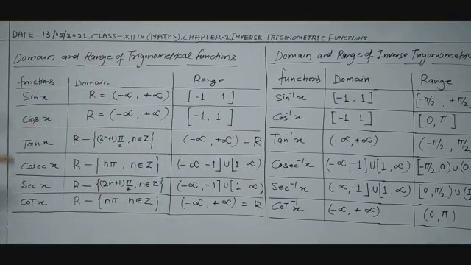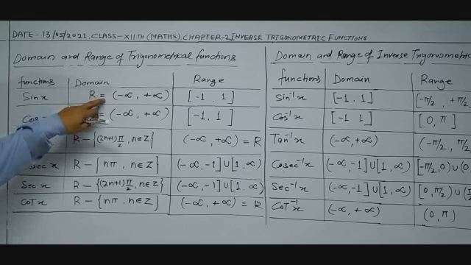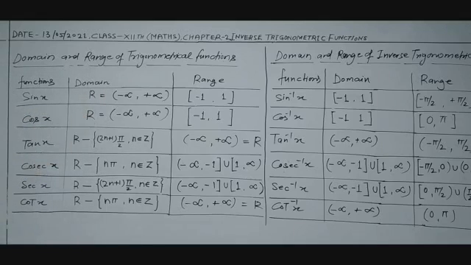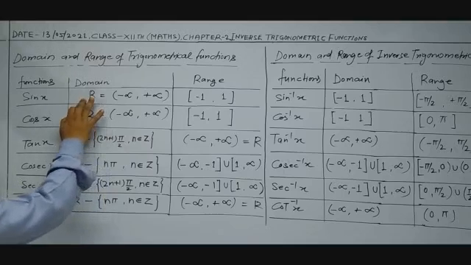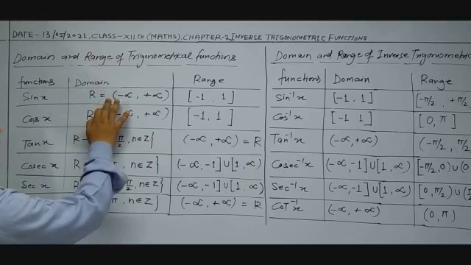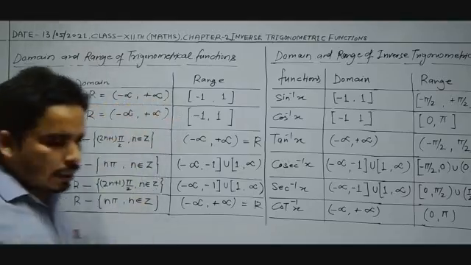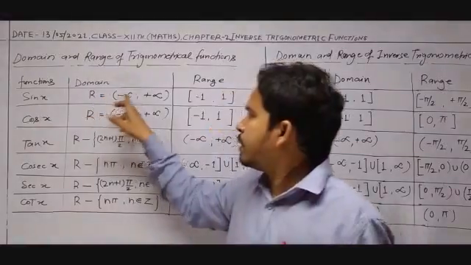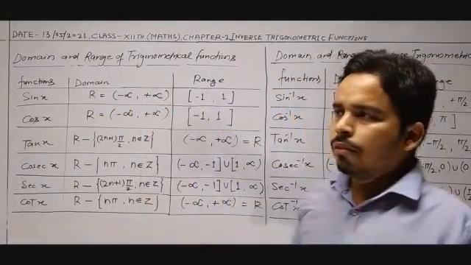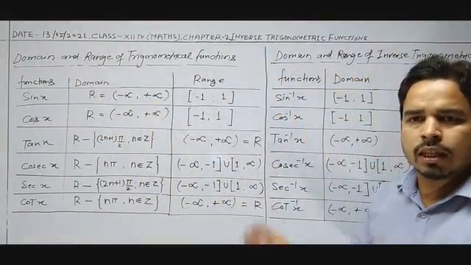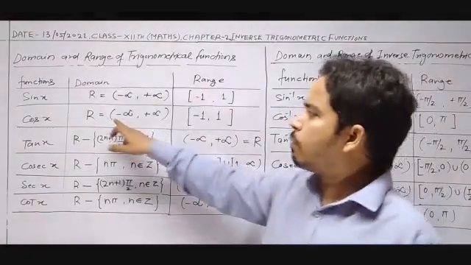So this is the domain of sin x, that is real, and the domain of cos x is also real. So the real numbers are equal to minus infinity to plus infinity, written in brackets.